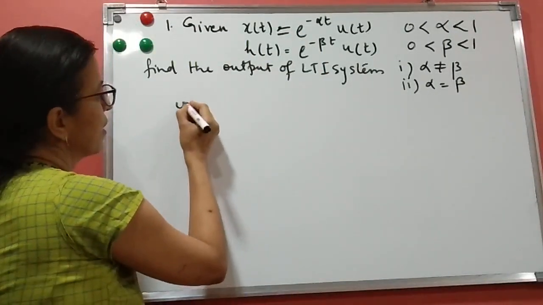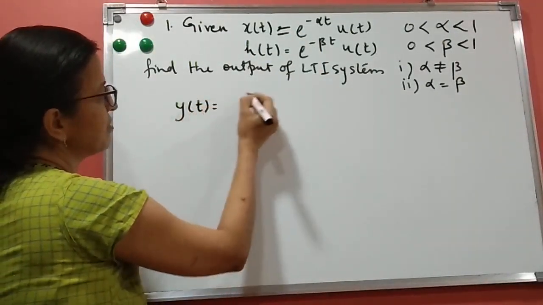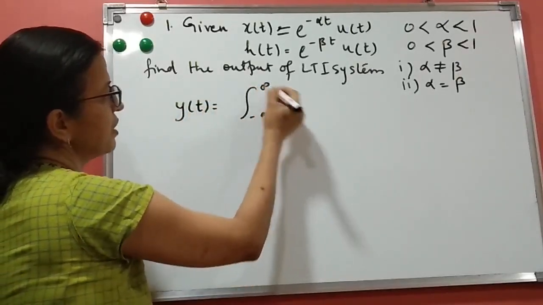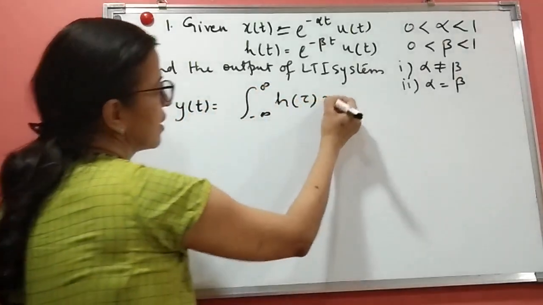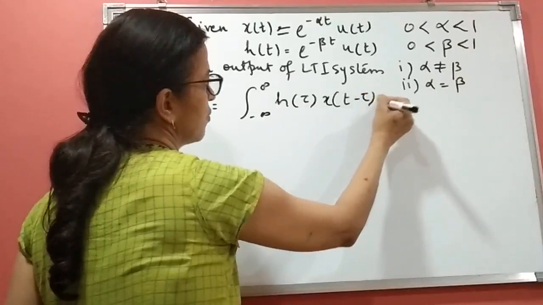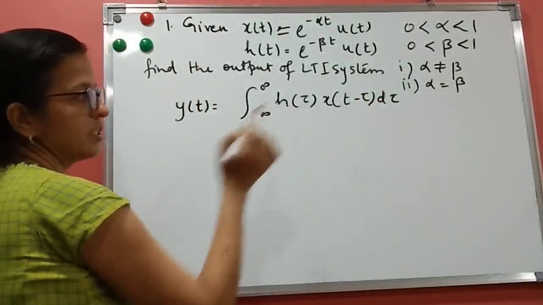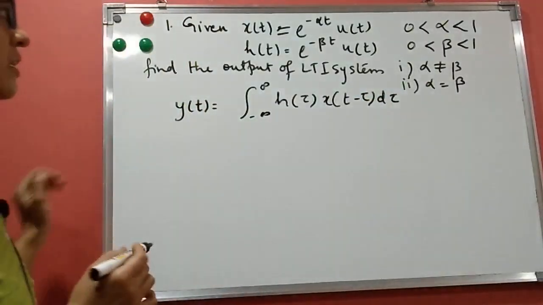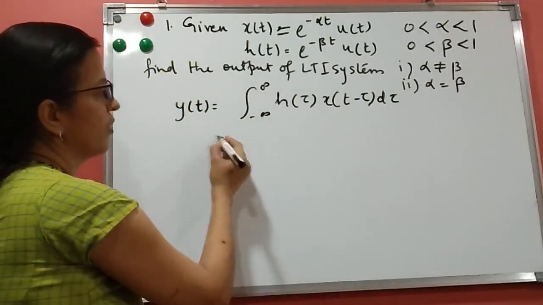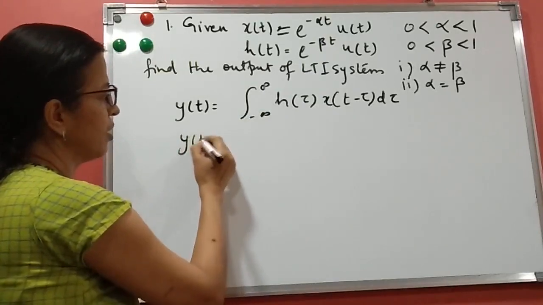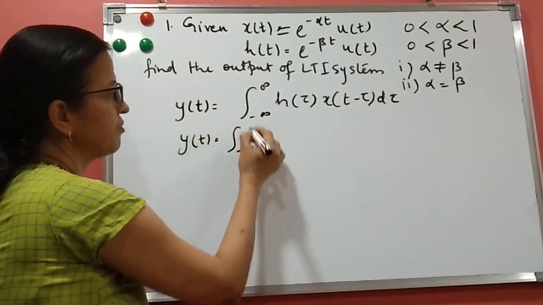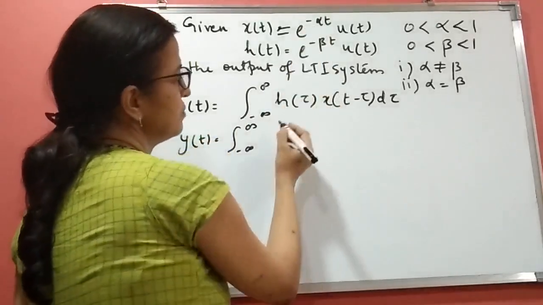So we'll write the output y of t as the integral from minus infinity to infinity of h of tau x of t minus tau d tau. We know this follows the commutative property, so we can interchange the signals depending on the given signals. Now, what is h of tau?